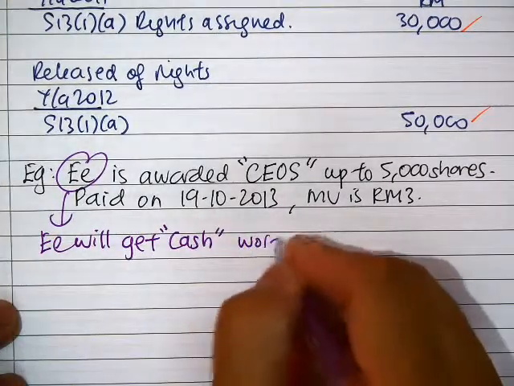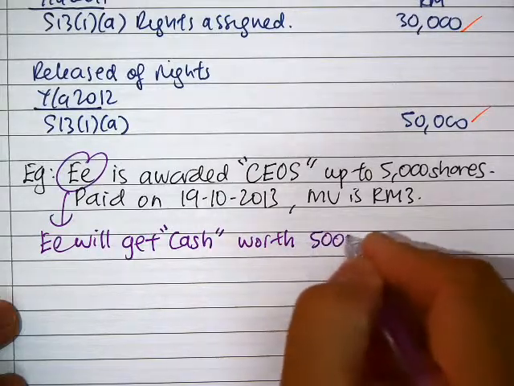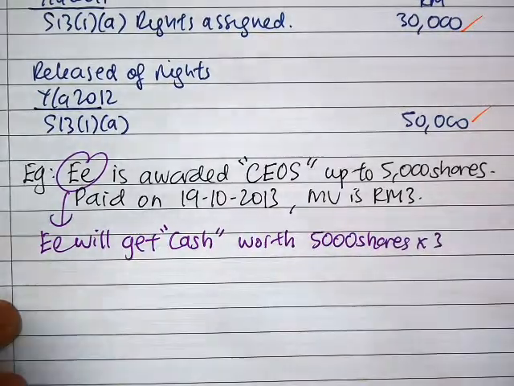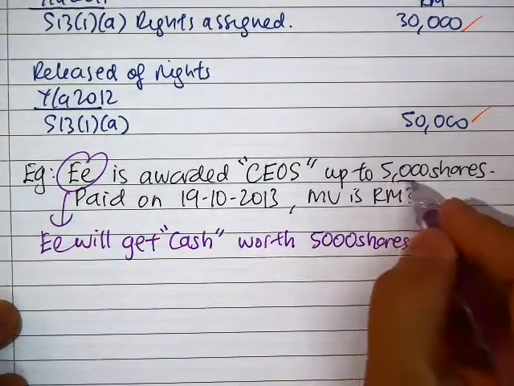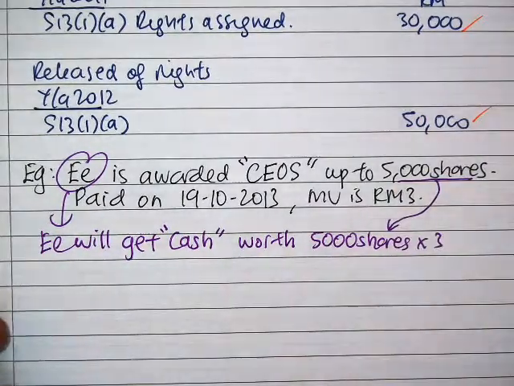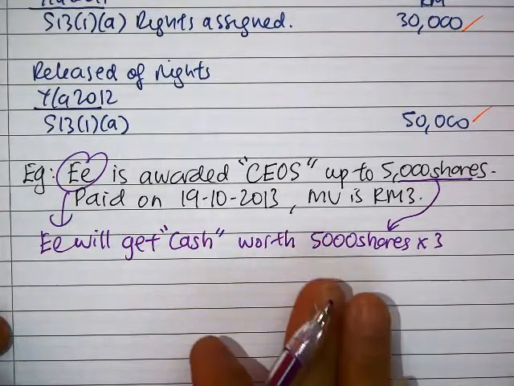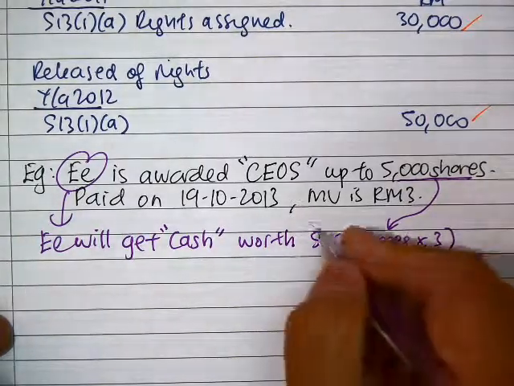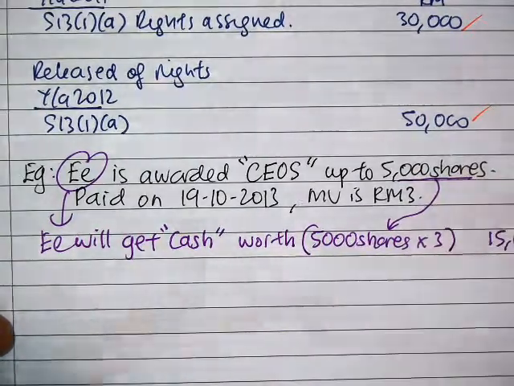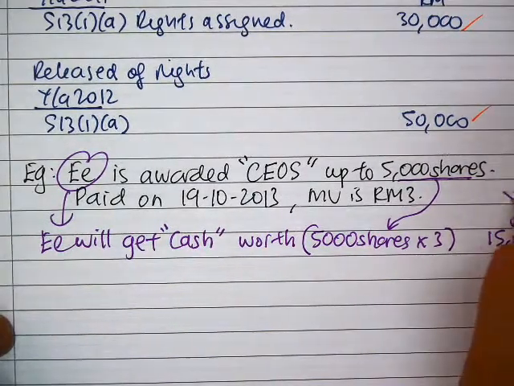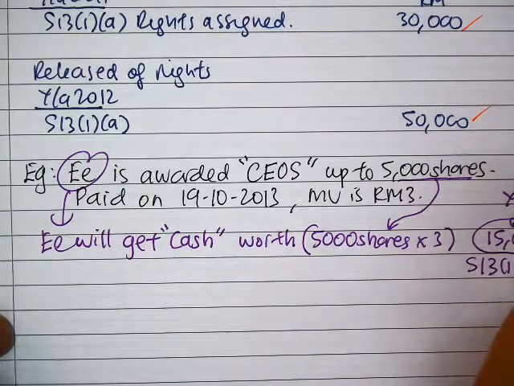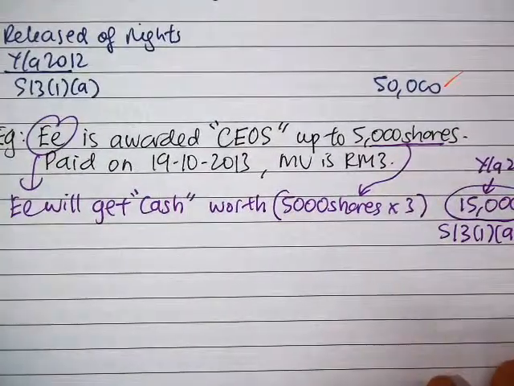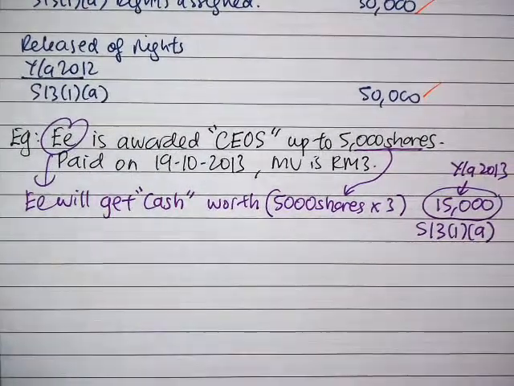And the cash will be worth up to the 5,000 shares times 3 ringgit, because you have been promised an equivalent of 5,000 shares. So at that time the market value is 3 ringgit, so the company will pay you 15,000. That 15,000 will become assessable in 2013. It's income under 13(1)(a). Follow? Okay, that's called cash equivalent of share.